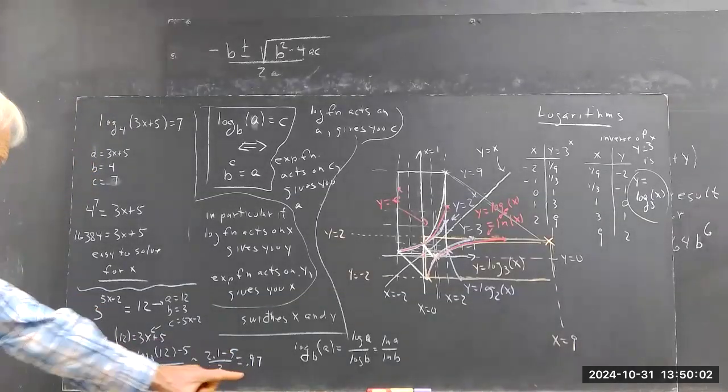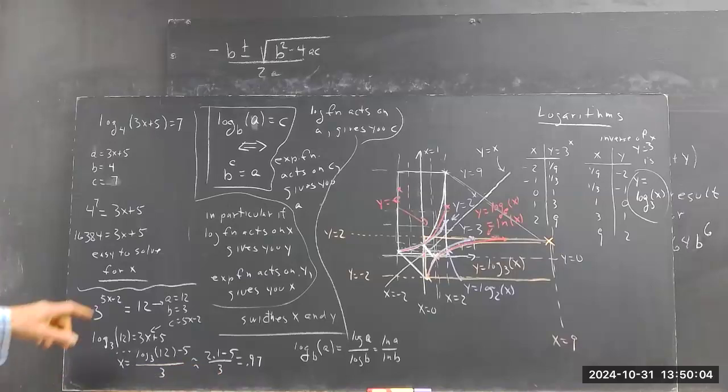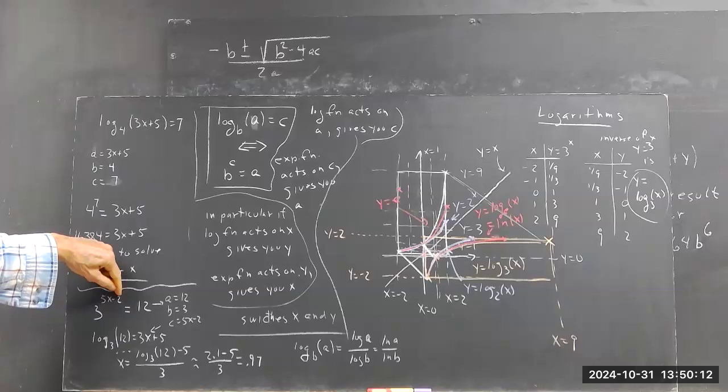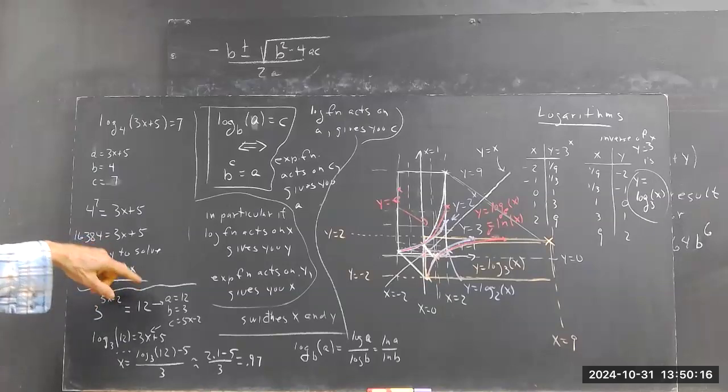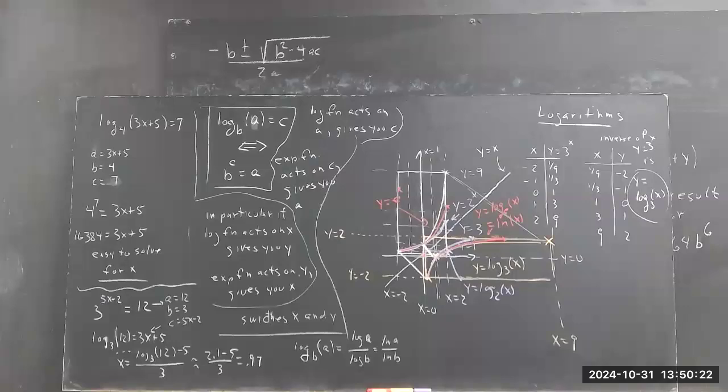Now, since that's a solution, we put 0.97 in here for x. 5 times that is 4.7. 4.7 minus 2 is 2.7. Is 3 to the 2.7 equal to 12? Doesn't look like it. So maybe I did something wrong. But the point I'm making is check.